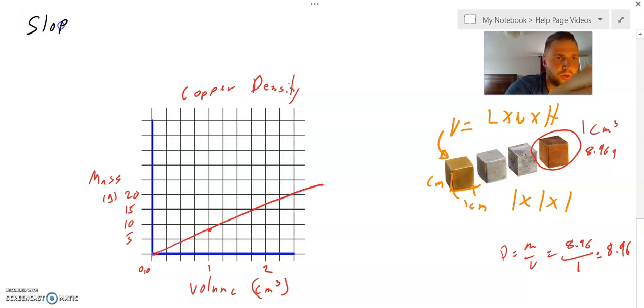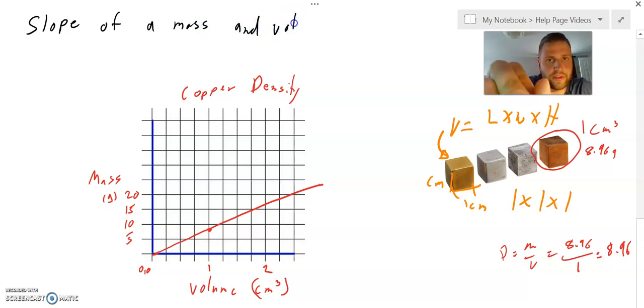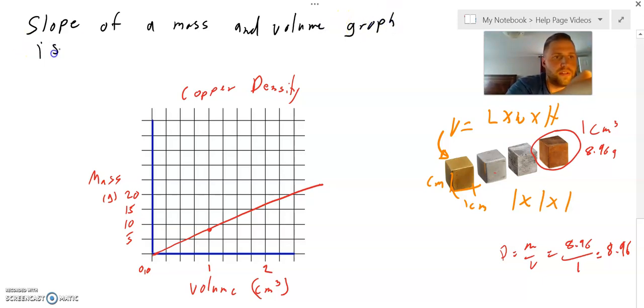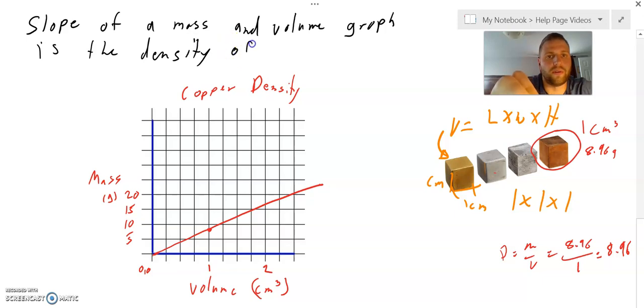The last thing that we just want to recap today is, you want to write this down: the slope of a mass and volume graph is the density of the metal.